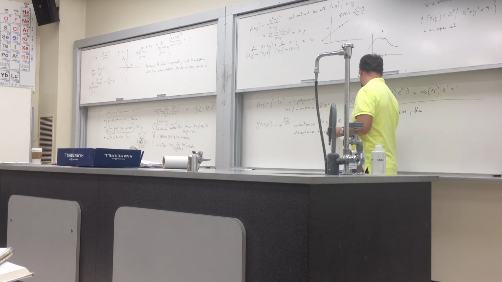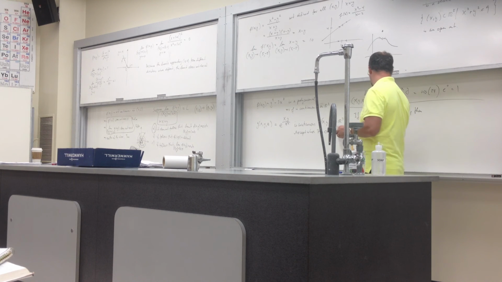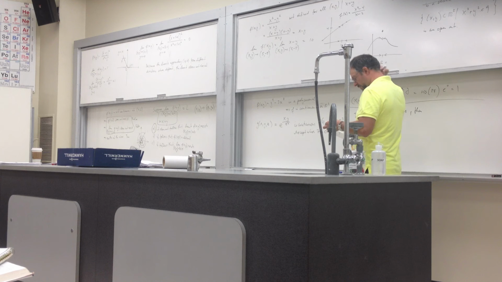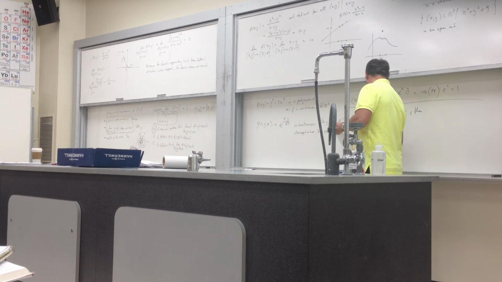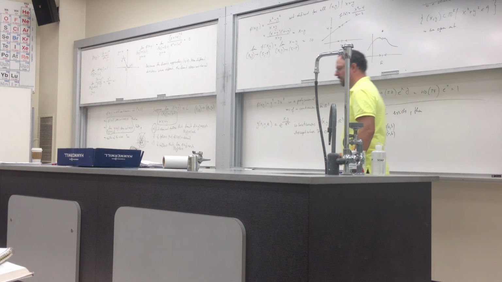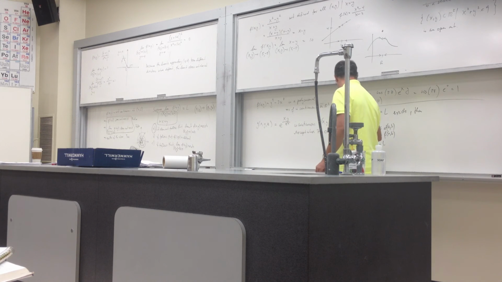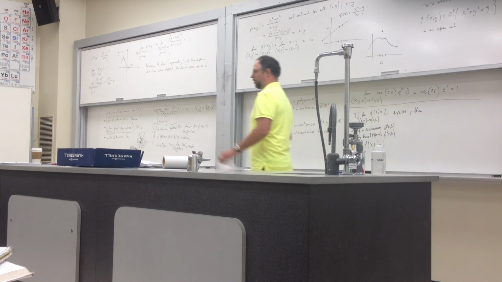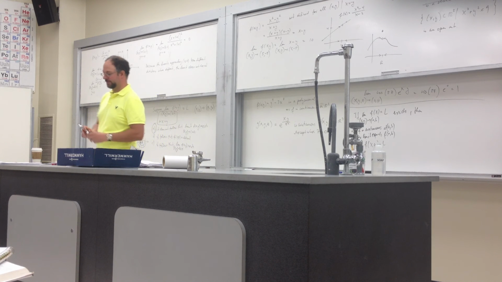The second, the limit equals f of a and b. And statement C is the limit as x goes to a of f of x and b is equal to L. Which one of those is true? Or maybe none of them.